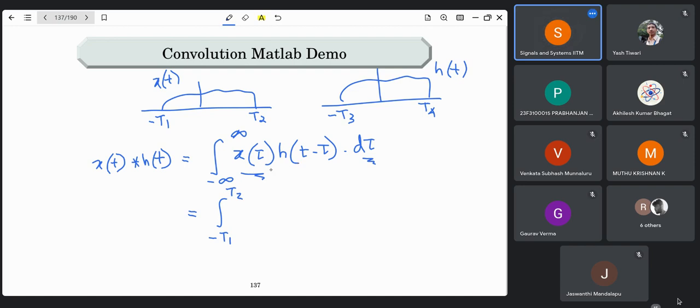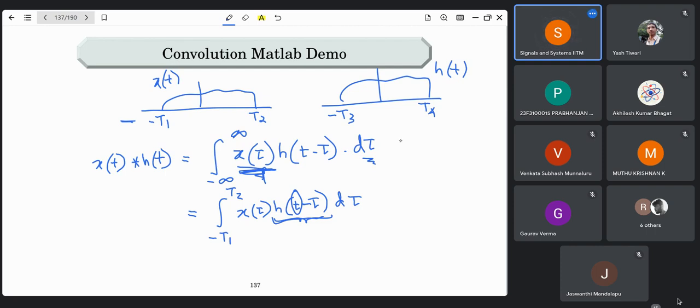So you are integrating over tau. If you substitute any value of tau greater than t2, this term is going to be 0, so the entire product is 0. If it is less than minus t1, once again it is going to be 0. So you can change the limits to this. It does not really matter what the limits of h are, because t is going to run from minus infinity to plus infinity, so this term can be non-zero for any value of tau.